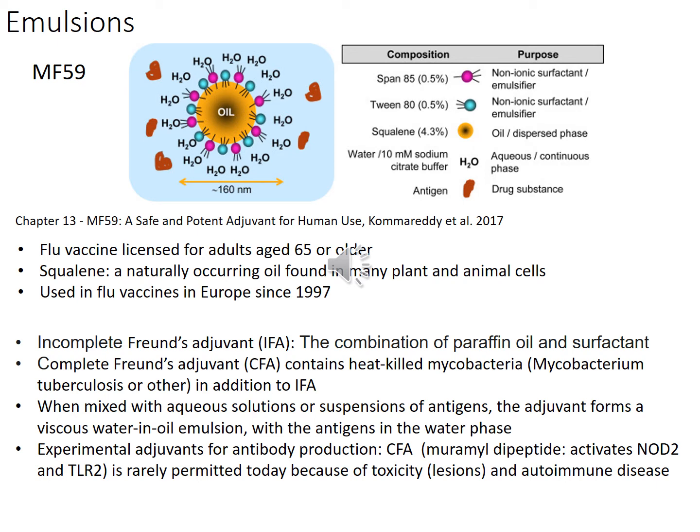Both these two adjuvants cause autoimmune responses, and it's a way for inducing different types of rheumatoid arthritis. So they are not ever used in humans, but they were very useful for making antibodies in the early days. Now we're going to move forward to the mycobacterium, because it's very relevant today.